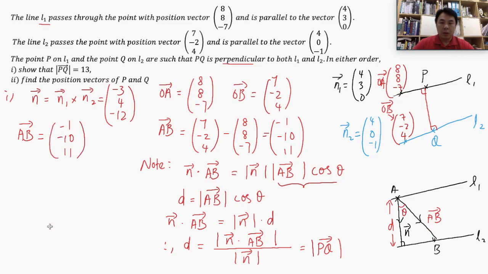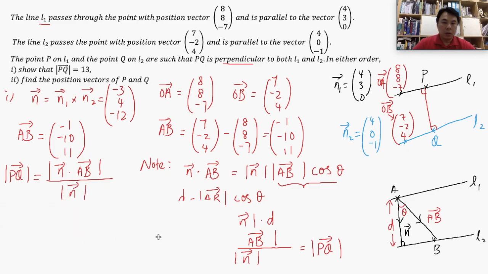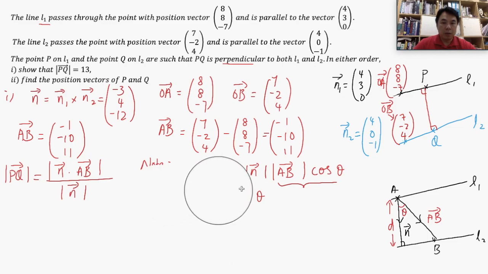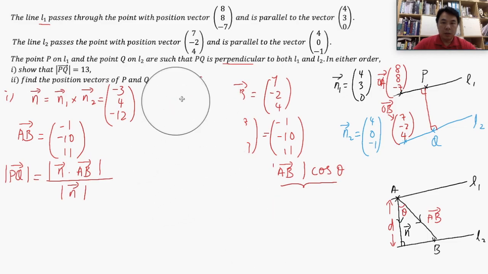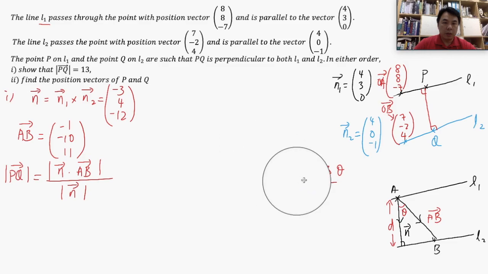Then we know that the shortest distance between line L1 and L2 is given as the magnitude of PQ. That is given by this, divided by its magnitude. Now I'm going to tabulate all these numbers so that we can work with them.